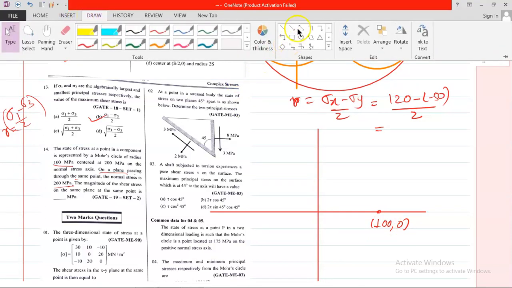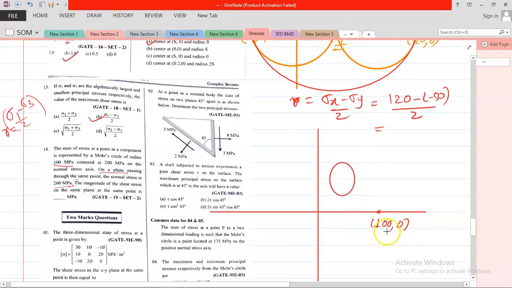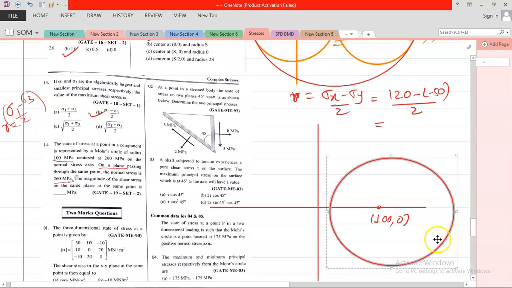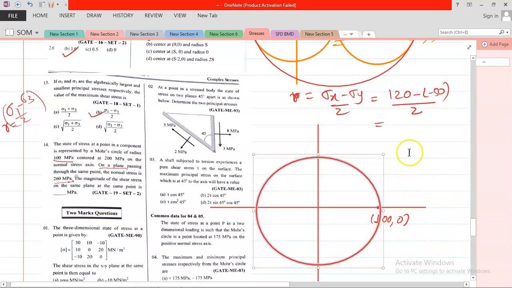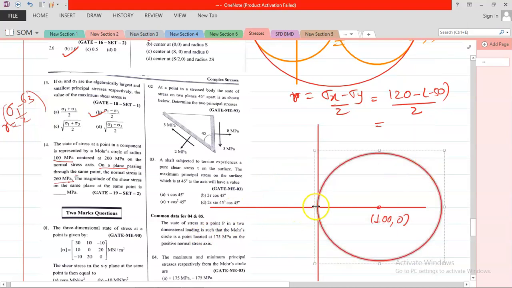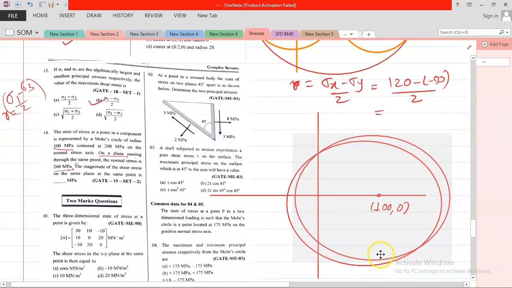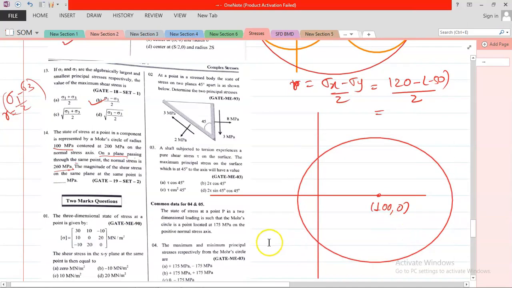So this is your circle, with the center at this point and the radius 200 megapascal.